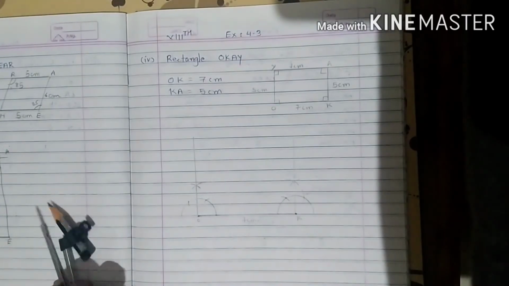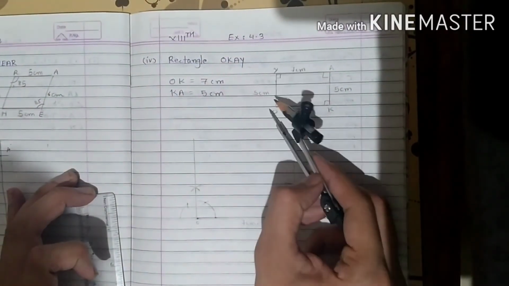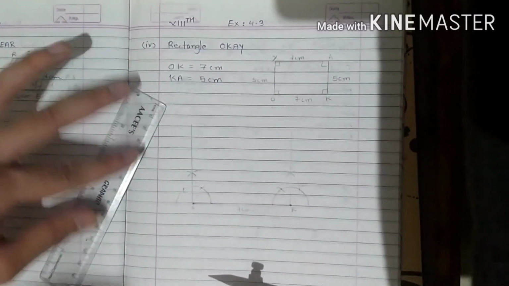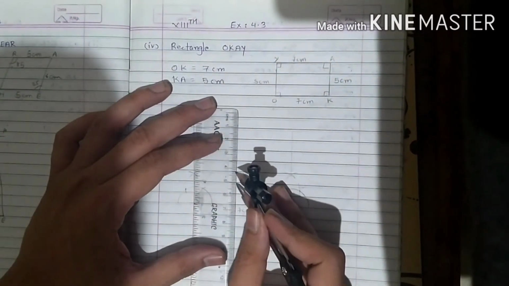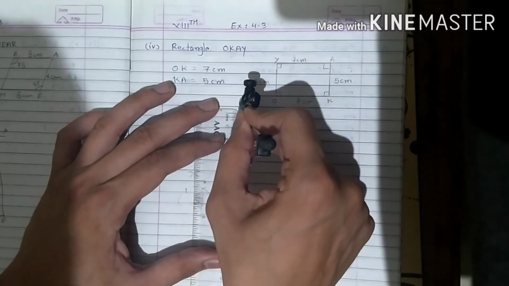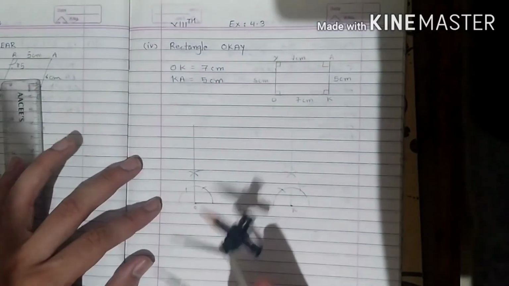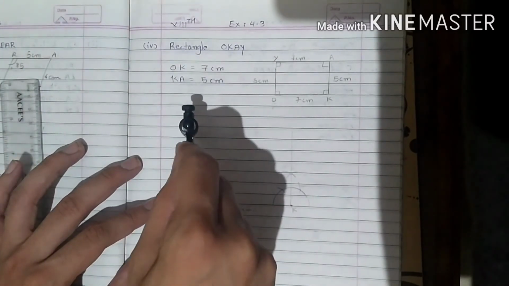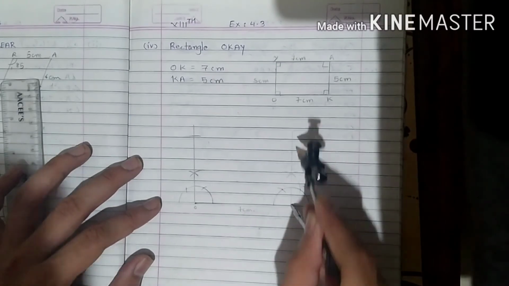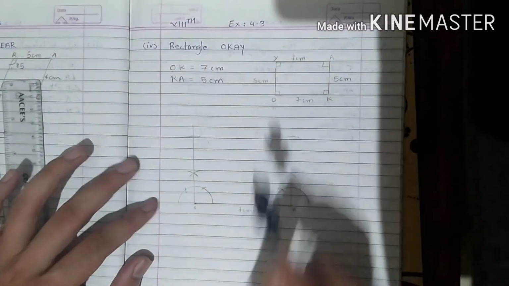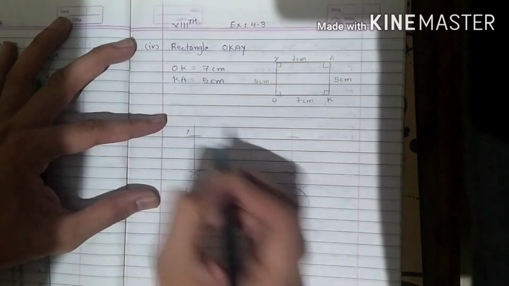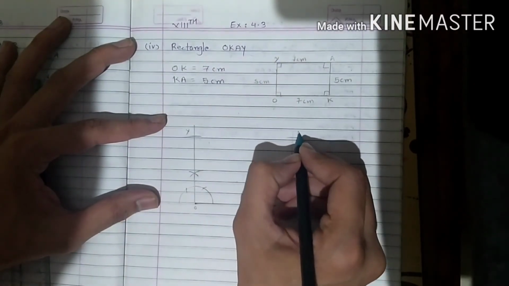Now OY is 5 centimeter and also KA is 5 centimeter. So take 5 centimeter on your rounder. Now take point O as a center and draw one arc like this from point O and also from point K. Now name it as OY and KA.